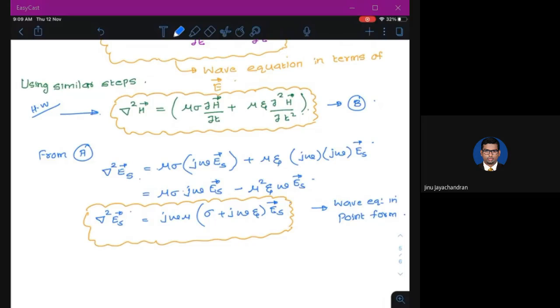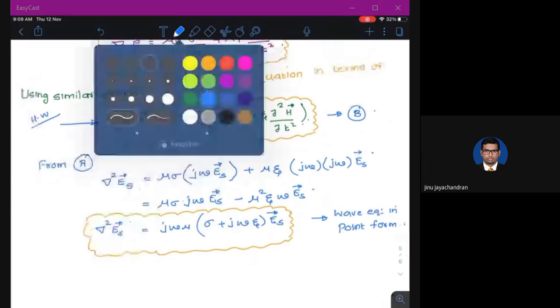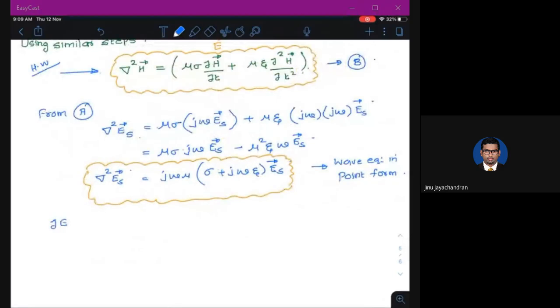Okay. So what did I do? dou E by dou T is J omega ES, which we already did, and dou square E by dou T square is equal to dou by dou T of dou E by dou T, which is equal to you multiply J omega twice and multiply with the phasor form.